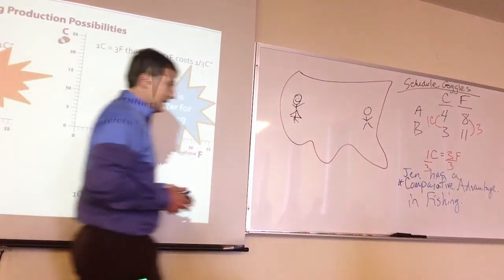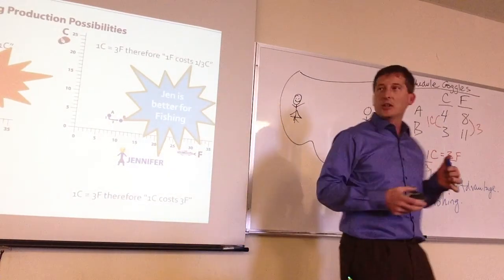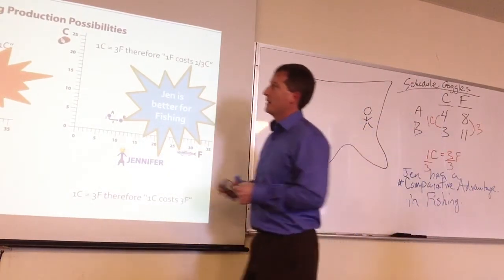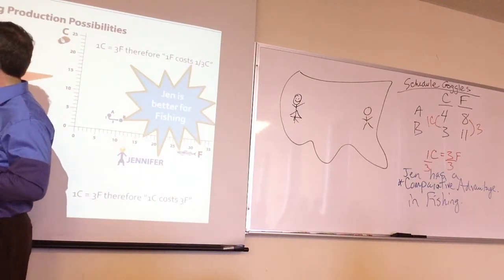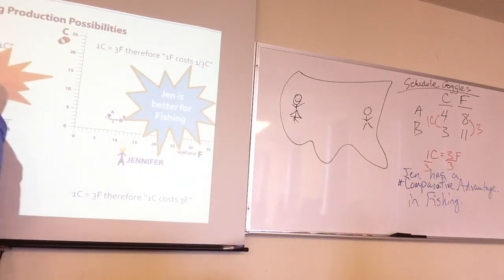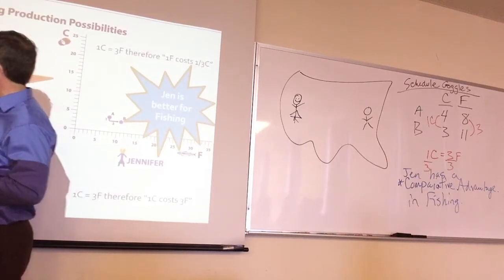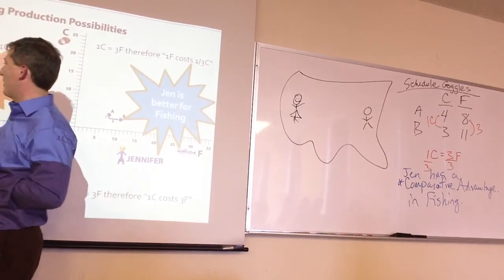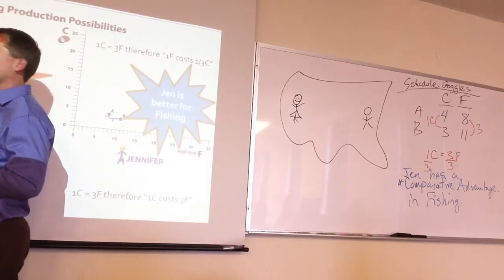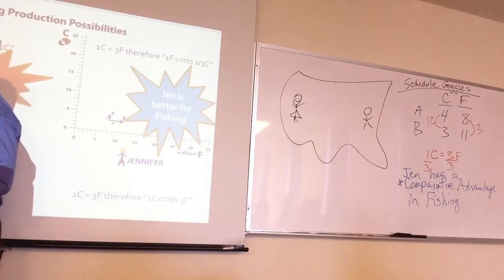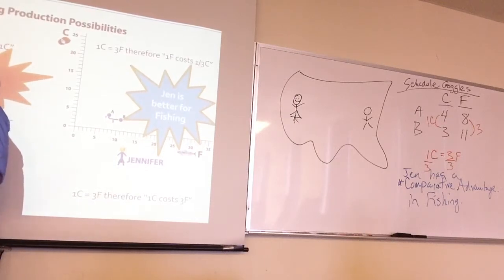We can fully specialize in the good in which we are best at by moving from a point A or B to all coconuts. So if we assume that trade-off, which is a little bit of a simplifying assumption, that if we spend the whole day now exclusively doing coconuts, Tom can make this much.